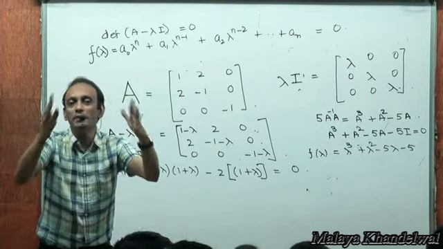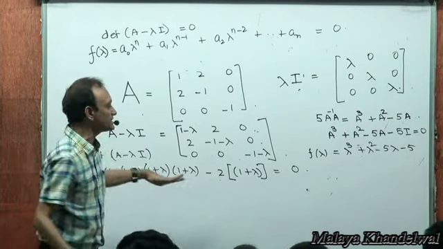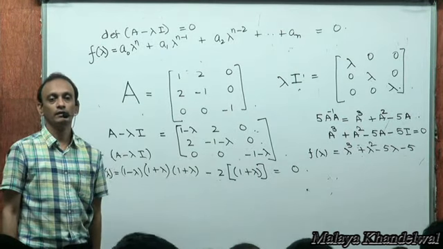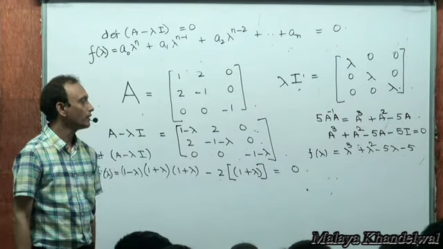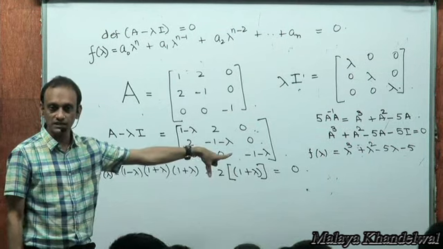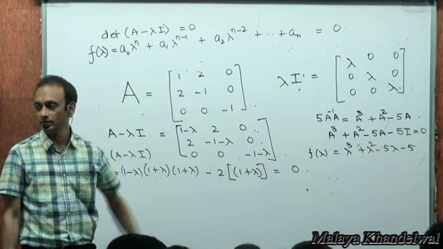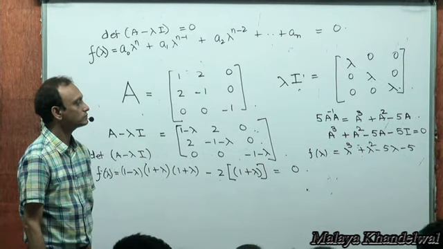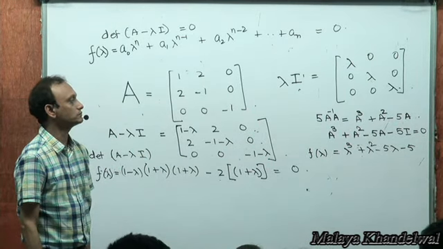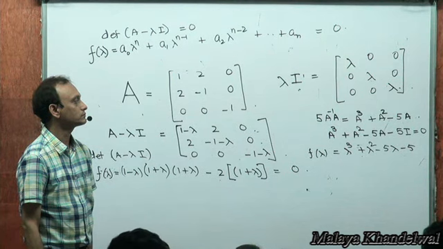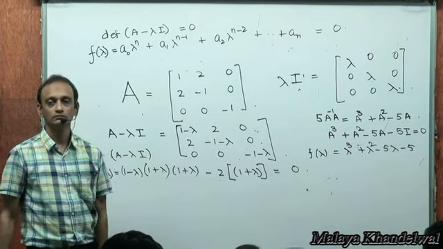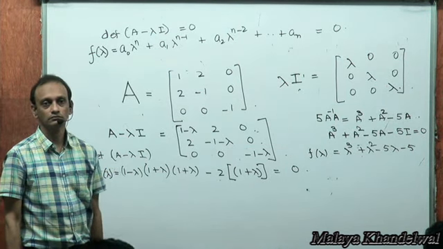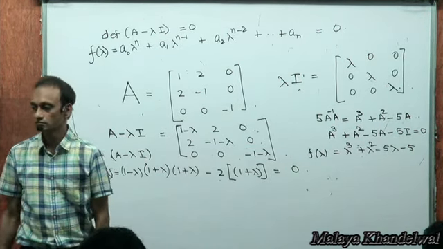Don't bother me about your computations. Fix that computation and see if you are getting lambda cubed plus lambda squared minus 5 lambda. Check that out.